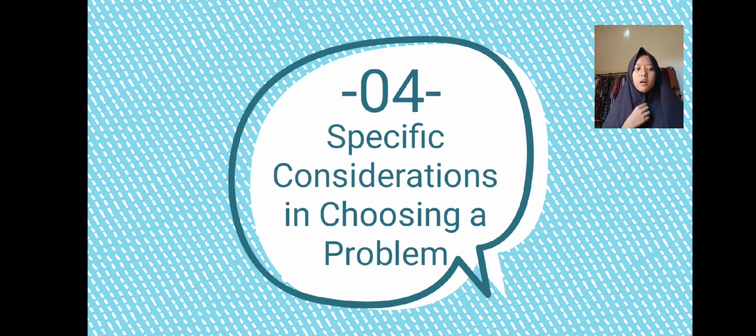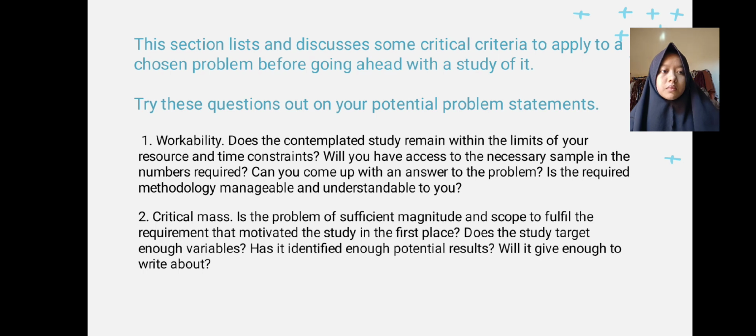Next, it is the last point that I will explain in this presentation: specific considerations in choosing a problem. This section lists and discusses some critical criteria to apply to a chosen problem before going ahead with a study of it.